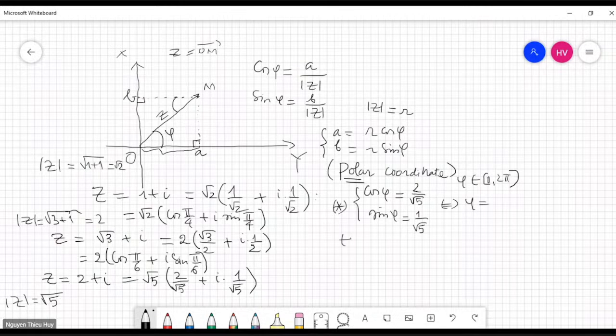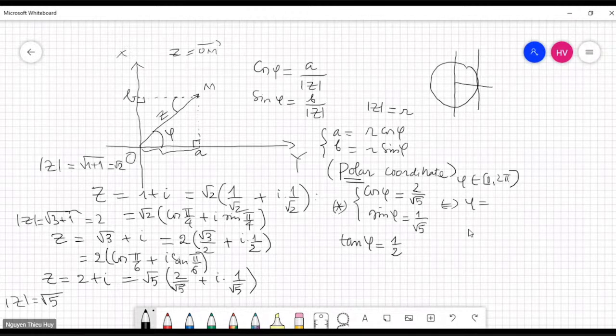So we obtain tan of phi is sine over cos, so 1/2, right? Therefore, both cos and sine are positive, so you can look at the unit circle and you see the tan.